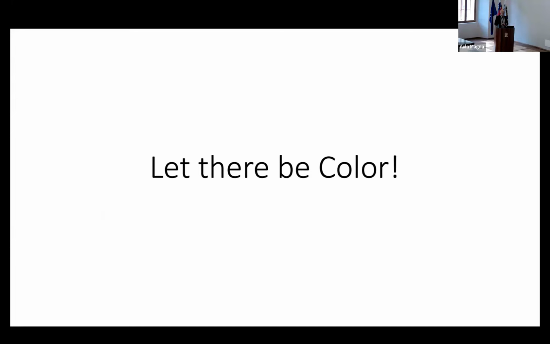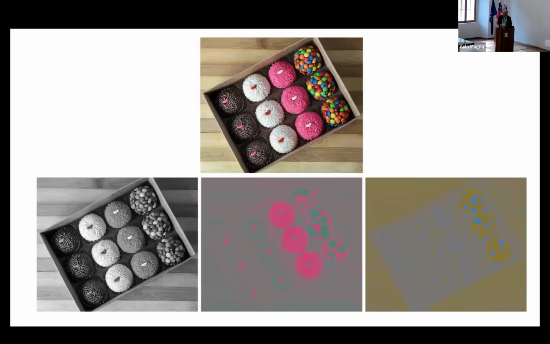So let's start by placing the colors on the image. This is a common image that you will ever find. Take any image. This is an image in the RGB space. That's a common way we see images on computers.